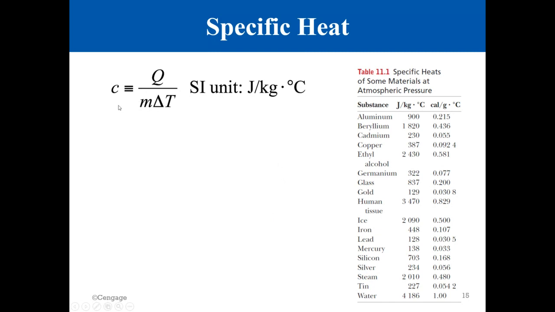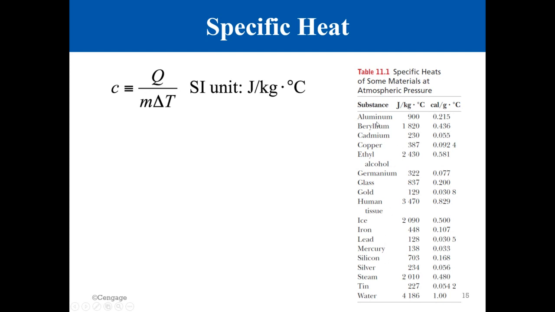The specific heat is equal to the quantity of heat per kilogram per degree Celsius. For example, for water, the specific heat is 4,186 joules per kilogram degree Celsius. In plain English, this means you will need 4,186 joules of energy to change the temperature of 1 kilogram of water by 1 degree.